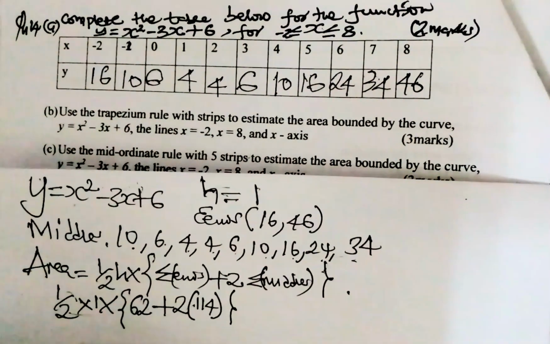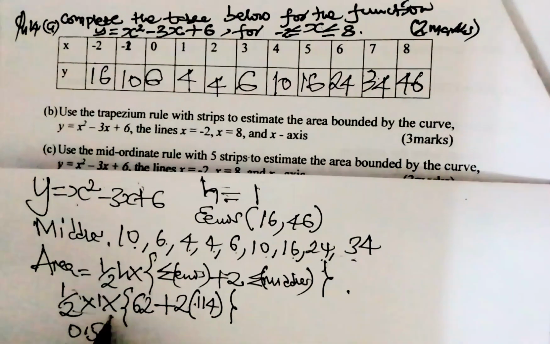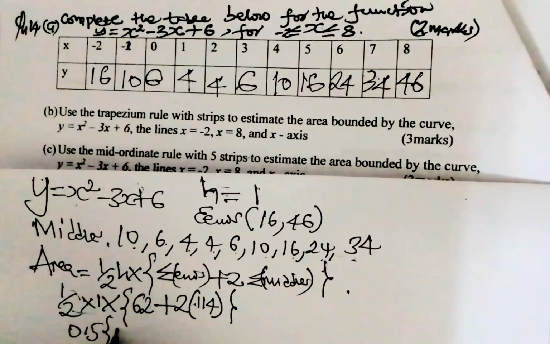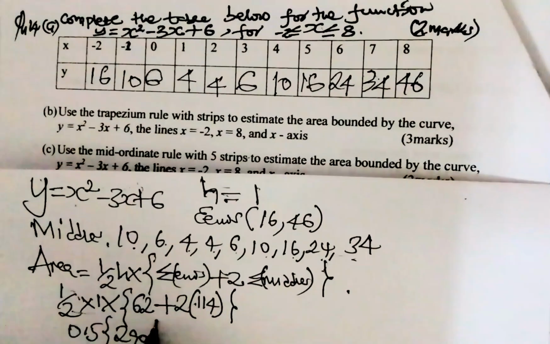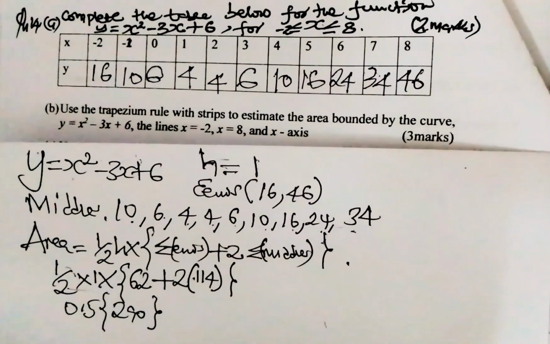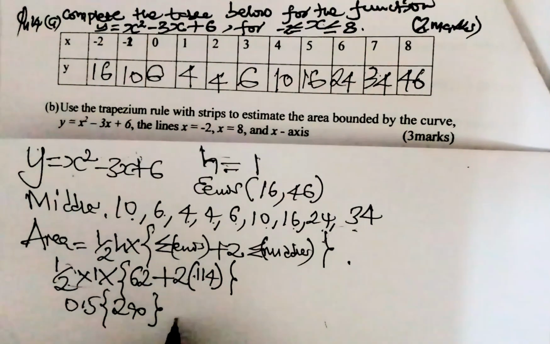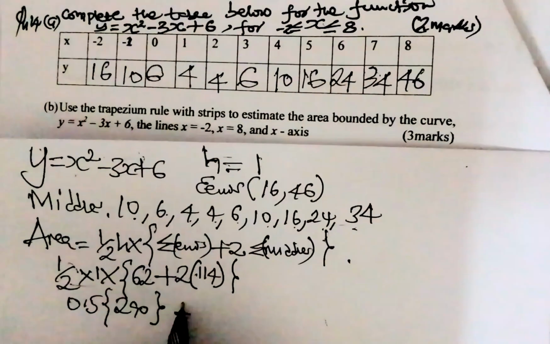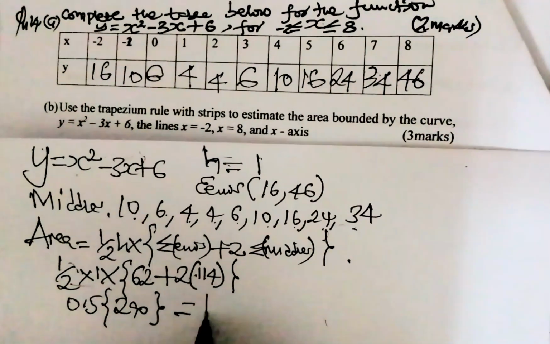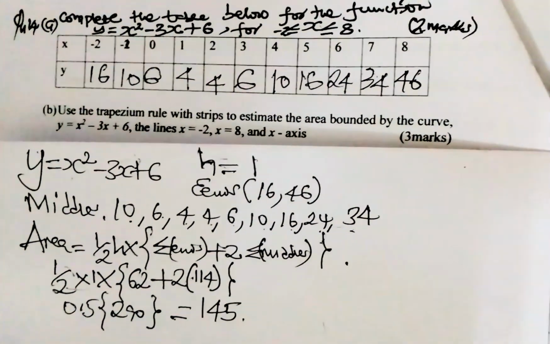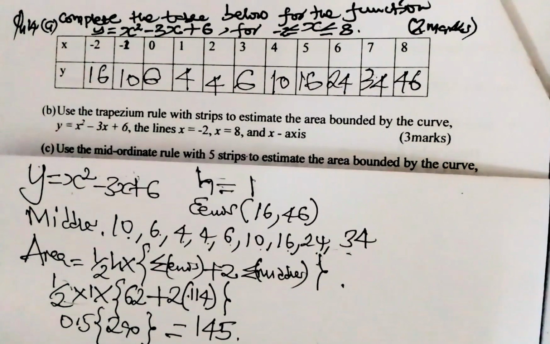When you multiply this, you get 0.5 multiplied by 62 plus 228. 62 plus 228, that gives you 290. So when you simplify this, you get 0.5 times 290. This gives you a value of 145. So that is our first part of the question.